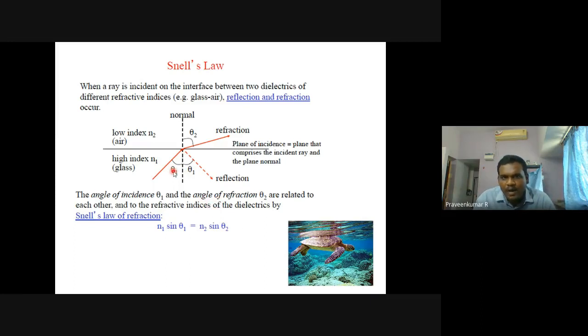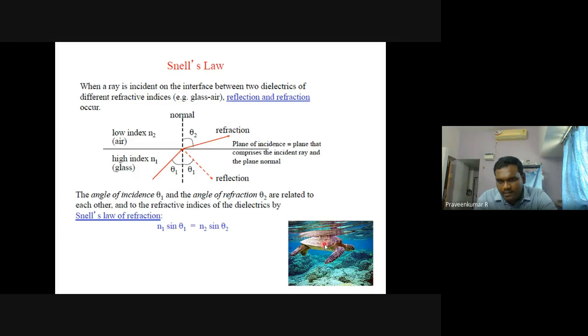Always, theta 1 is the incident angle, and theta r, with a small r for the reflected angle, is equal to theta I generally. So that is the idea of Snell's law. For understanding purposes, I am making this picture. This is the total internal reflection concept. You can see the interface point between the air and the water.